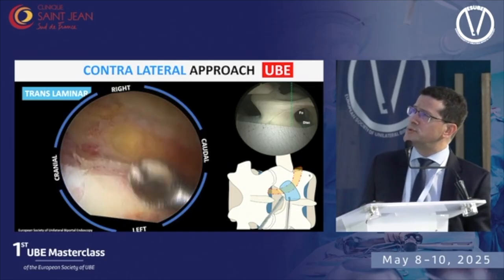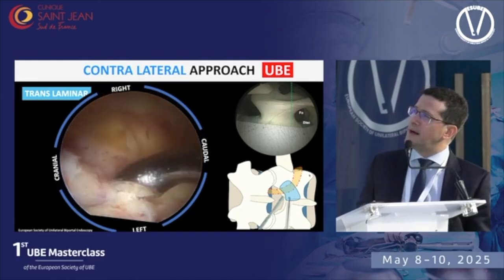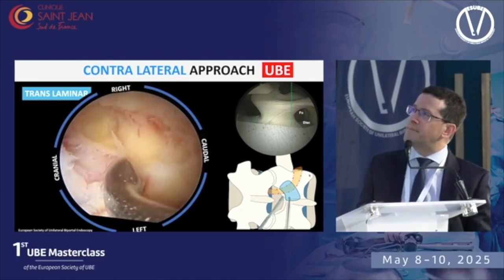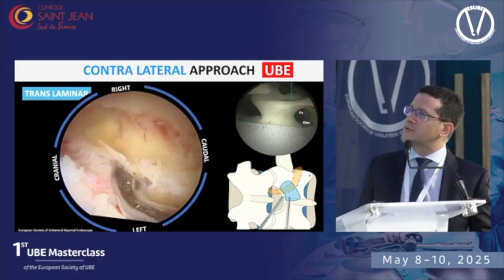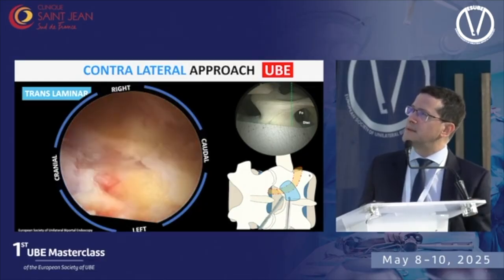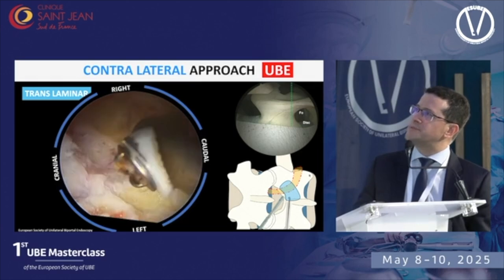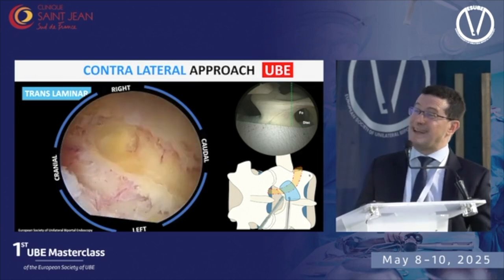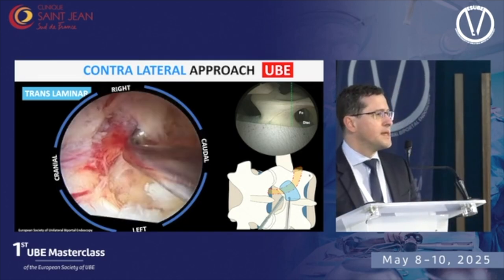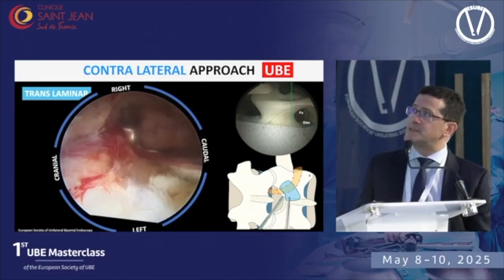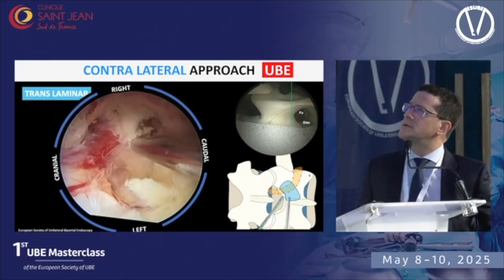So we do a drilling and a thinning of the cortical part of the bone. After we remove that, we can follow the traversing root, transforming into the exiting root from the lower level and try to decompress two levels from only one incision.